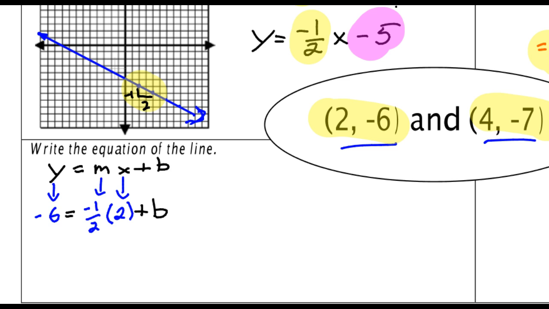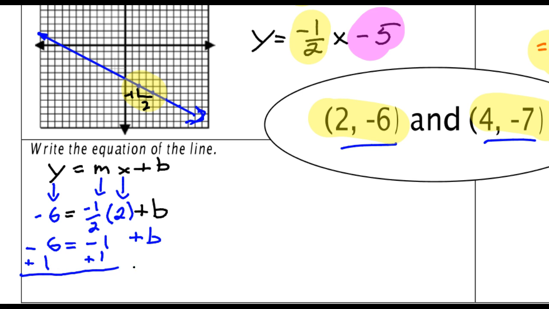So as you're doing this, don't be hoping or guessing. It should match. If they don't match, something's wrong. Either the graph you estimated wrong or your calculations are wrong. Okay, half of 2 is 1, in the negative. So -1 plus what is -6?